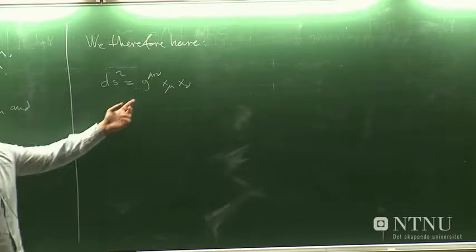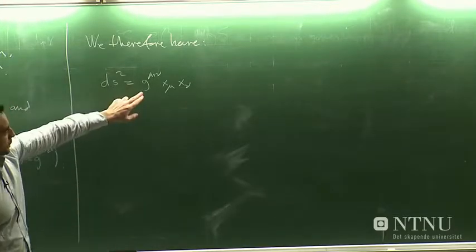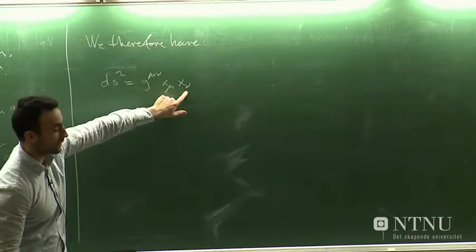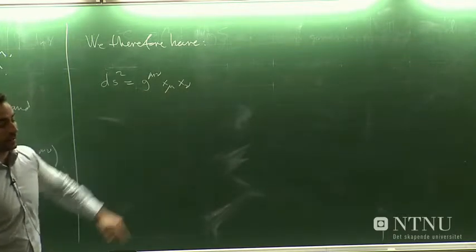I just raised the indices here. So we see here now that this part summed with this part becomes a contravariant vector.